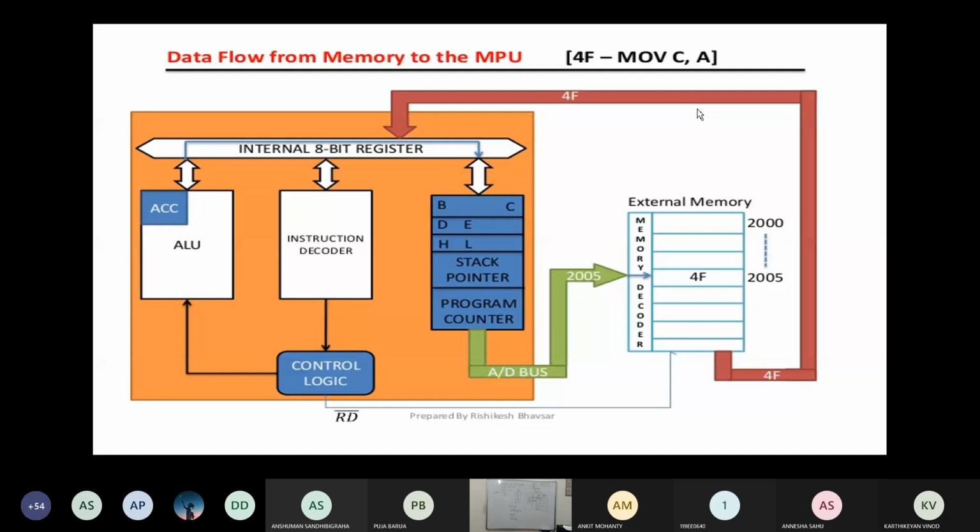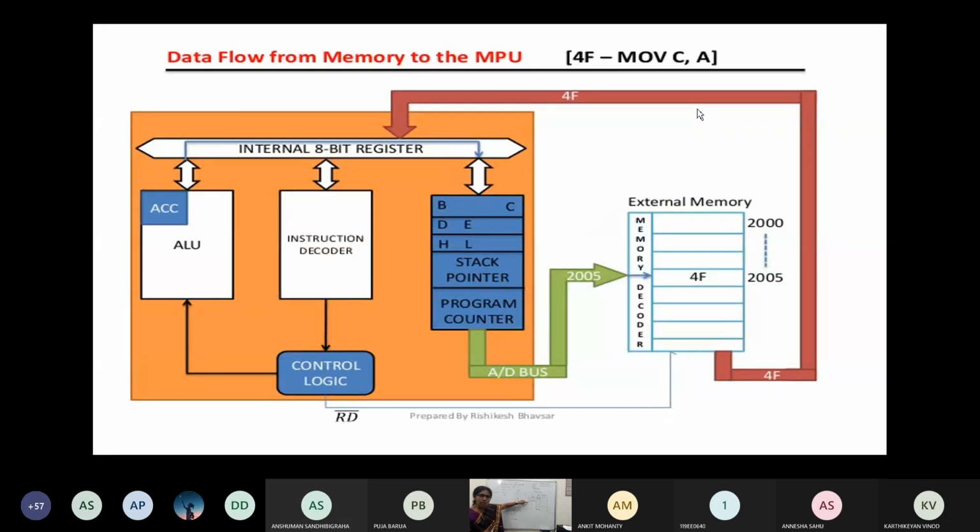Here you can understand clearly the control signals are the ones which are instructing everyone. The control signal instructs first the program counter, the address lines will go and search for the memory location. Then the data bus will try to fetch whatever is there. Then put it in the instruction register. Then the instruction register goes to the instruction decoder. This is completely the same thing. We can understand that. No problem.